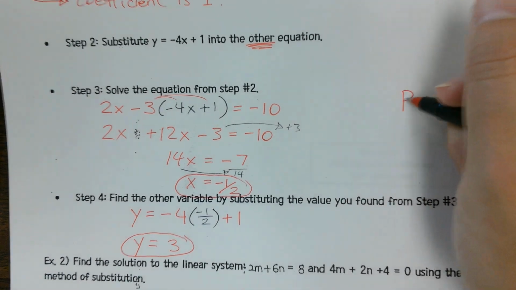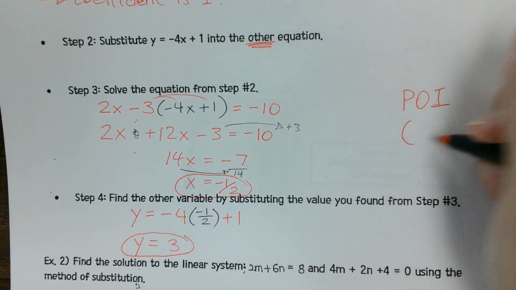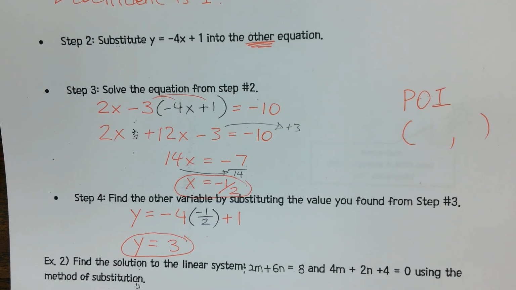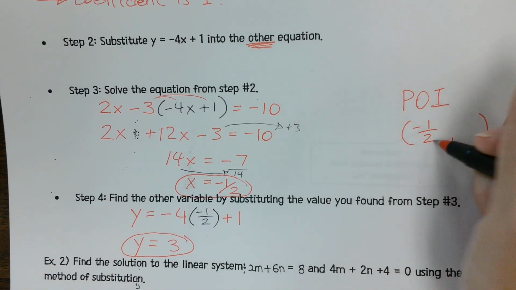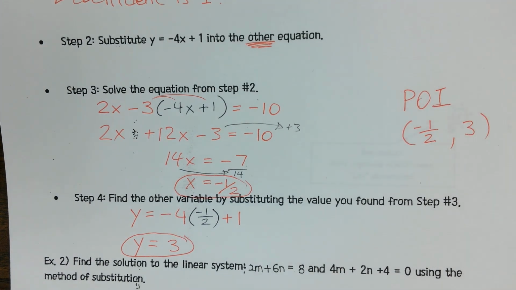What is my POI? Yep. Negative 1 over 2 and 3. Perfect. Negative 1 and a half, comma 3. You found your x, you found your y, you were looking for a point of intersection, and there you go. Remember to write it in coordinate form.